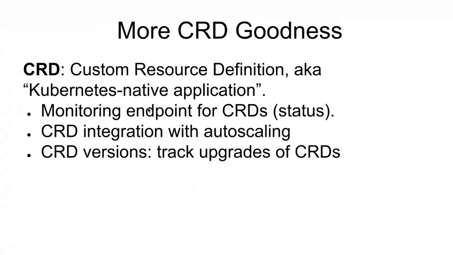With Kubernetes 1.11, we see improvements to CRDs, which, for those of you who are aware, are custom resource definitions, which used to be third-party resources or TPRs. We've extended the functionality of the CRD API, one to include versioning, and secondarily to be able to track sub-resources.